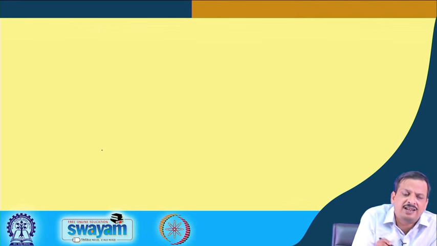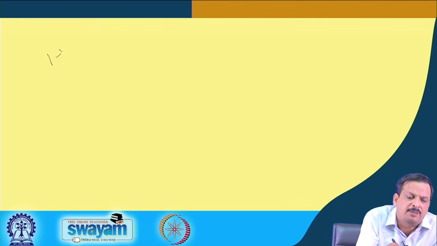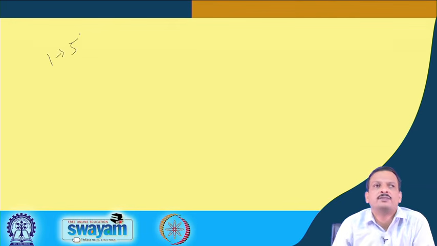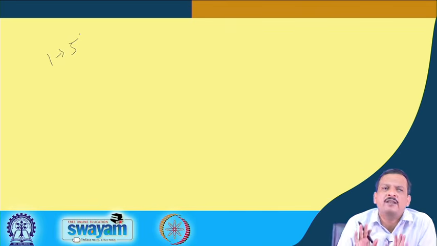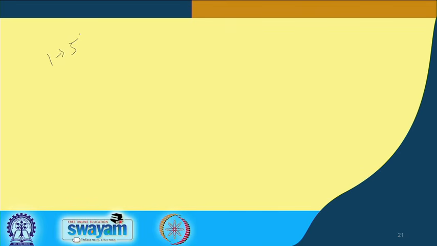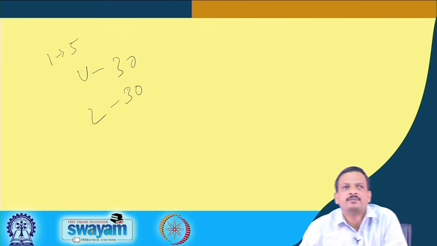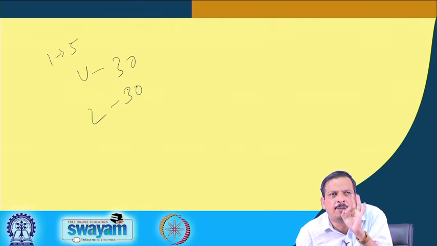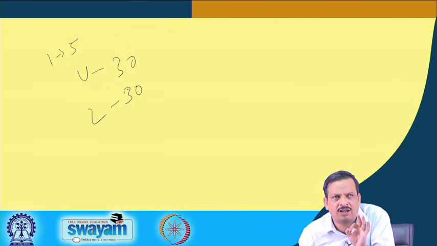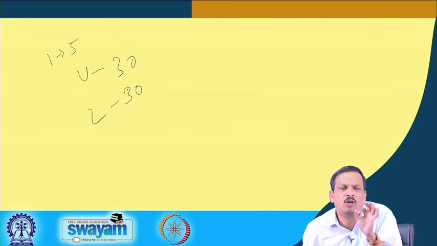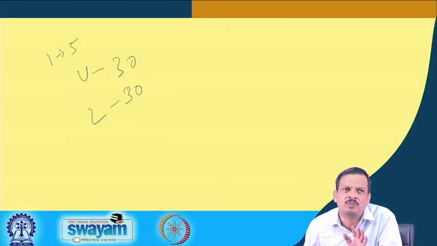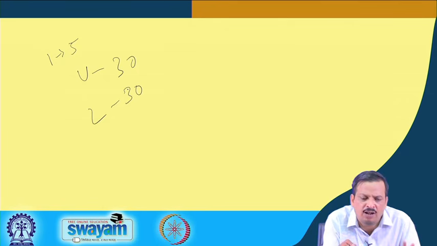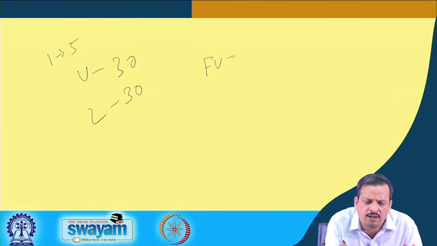Suppose my test item 1 carries 5 marks. Upper group size 30, lower group size 30. If all students in the upper group get full marks, and all students in the lower group get full marks, then only the FB is equal to 1.